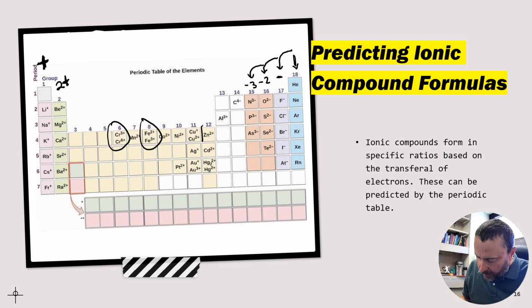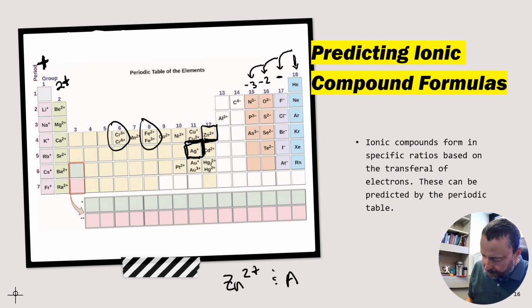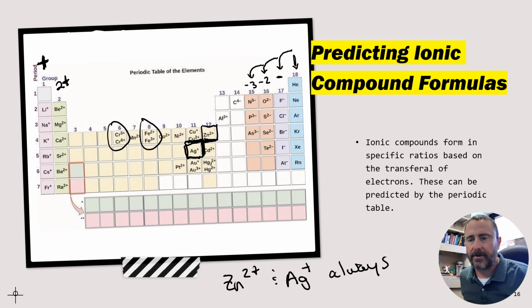Zinc always loses 2 electrons to become zinc 2+, and silver always loses 1 electron to become +1. Those are probably the only two transition metals that I would expect you to know. Don't focus on any of the other transition metals too much.